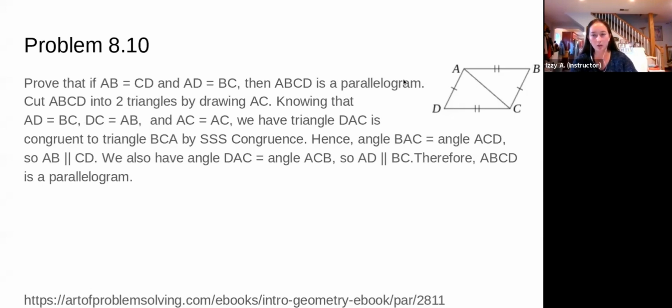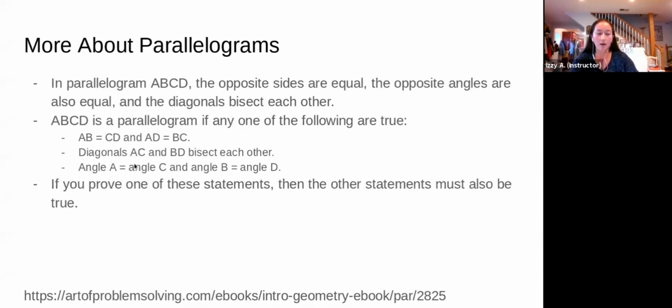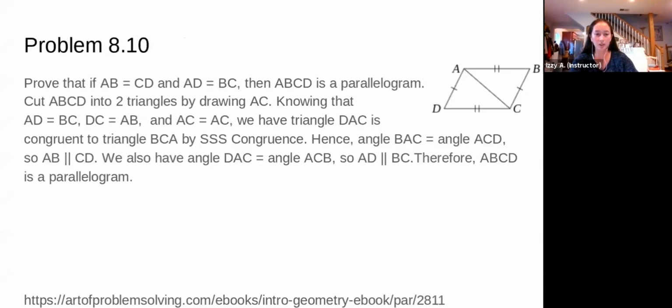Because they bisect each other, that would be a parallelogram. And angle A is equal to angle C, and angle B is equal to angle D. So we have opposite angles A and C and opposite angles B and D. They're going to be equal to each other. Therefore, ABCD is a parallelogram.